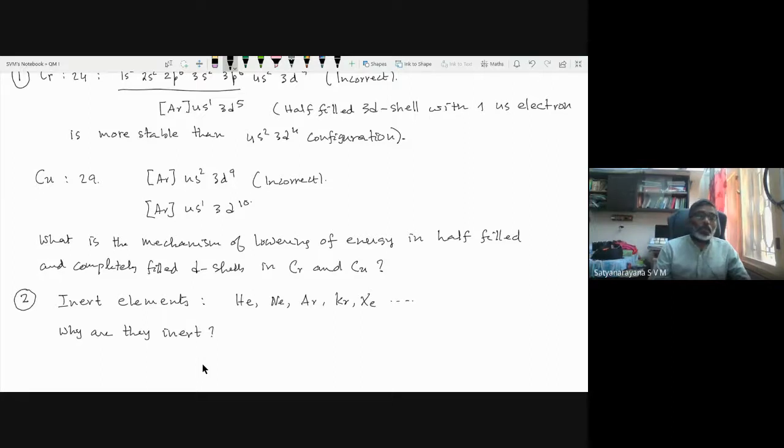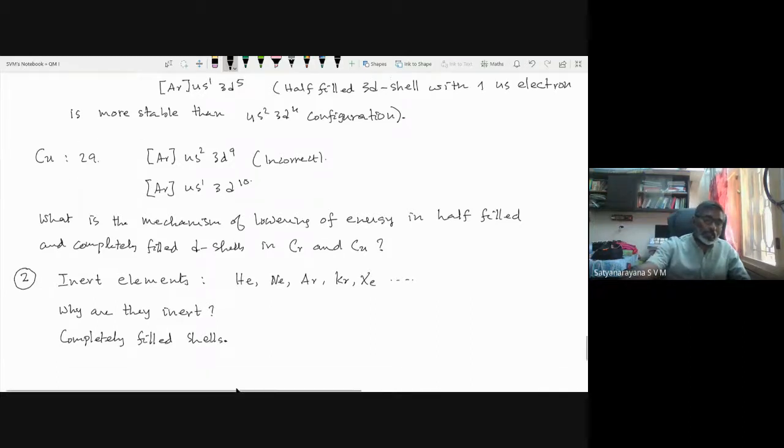What people tell us is that it has completely filled shells. There are no free electrons to participate in bonding. Now, is this the answer? If this is the answer, then why is a completely filled D shell not inert?